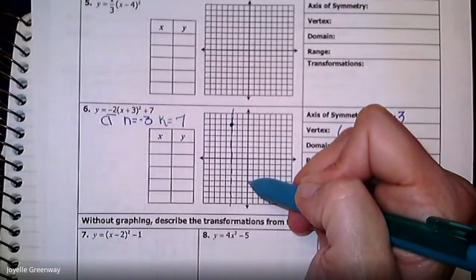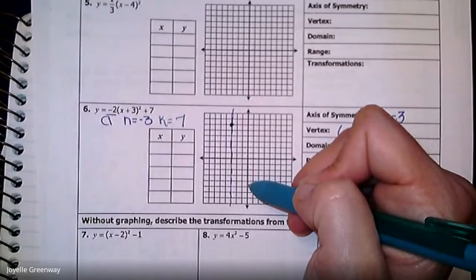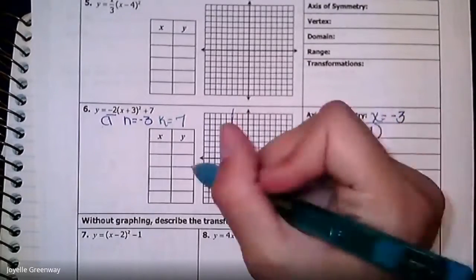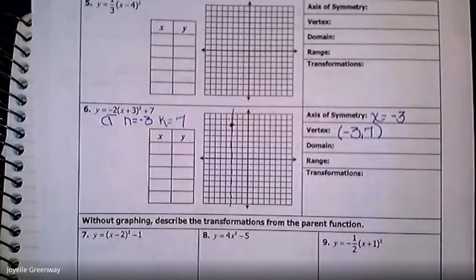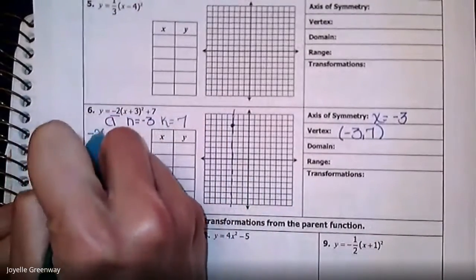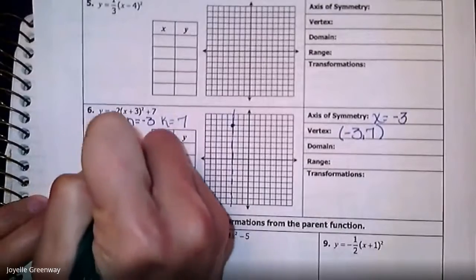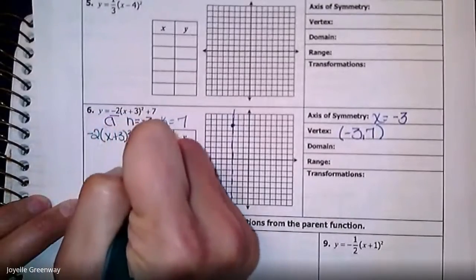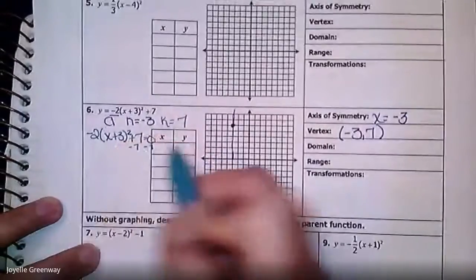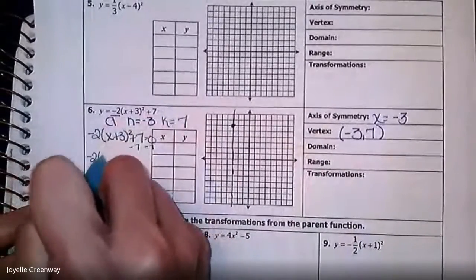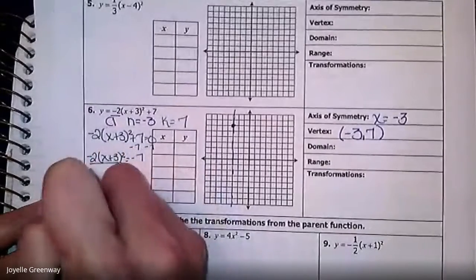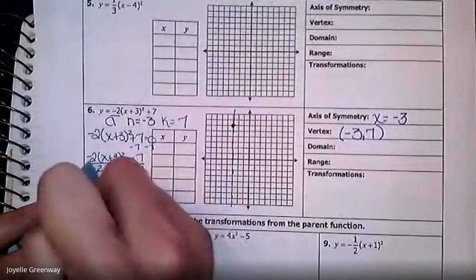So I want to see if I'm going to have roots that are going to be integers that I could graph. So if I do negative 2 times (x plus 3) squared plus 7 equals 0, if I move the 7 over, negative 2 times (x plus 3) squared equals negative 7, divided by negative 2.